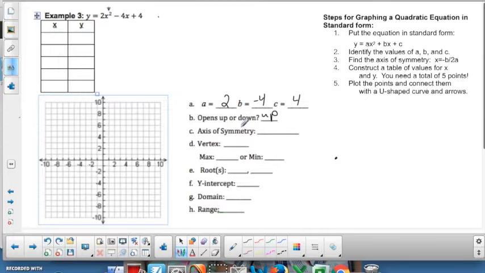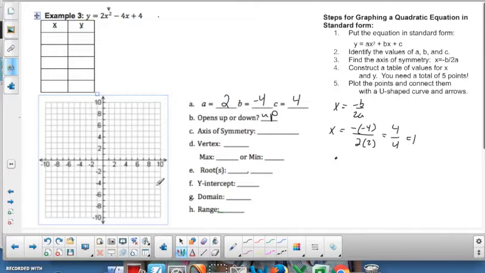Let's go ahead and find the axis of symmetry. So x equals -b over 2a. B is already negative, so negative -4 is going to end up being +4, because that's like we're multiplying by -1, and then 2a. 2 times 2 is 4.